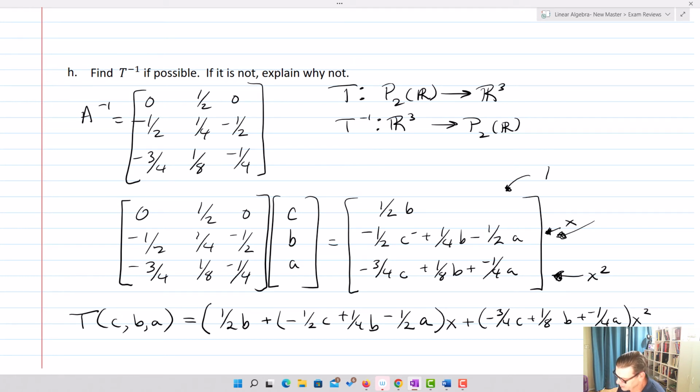And there is the linear transformation for T inverse.